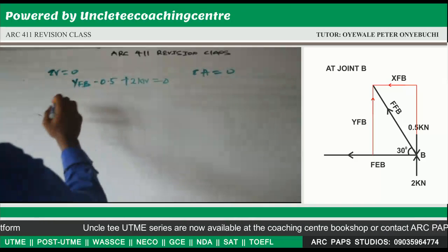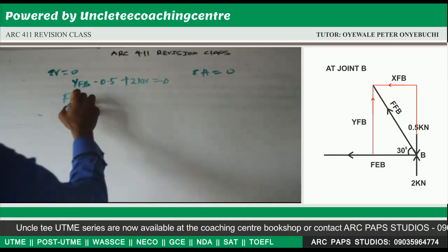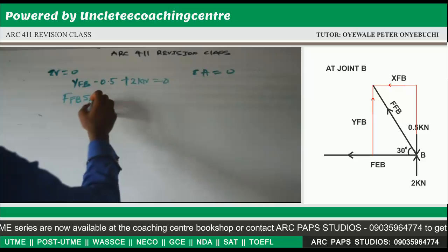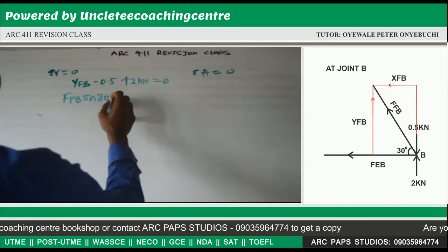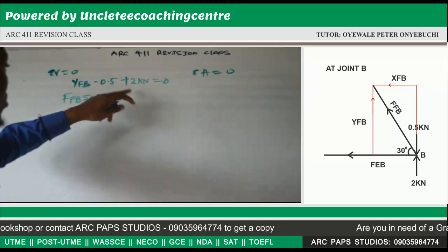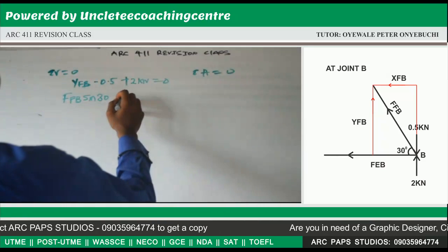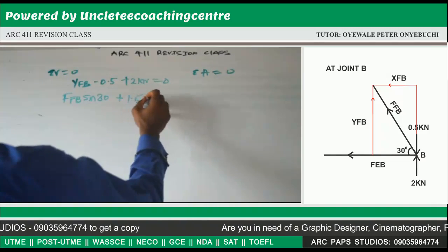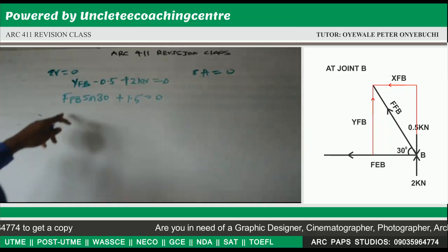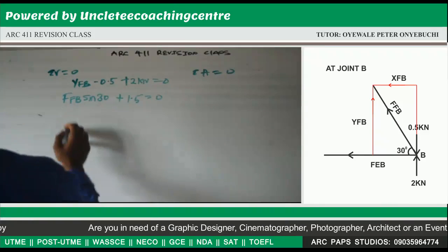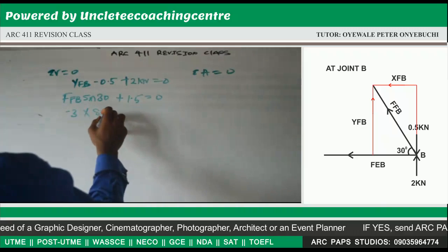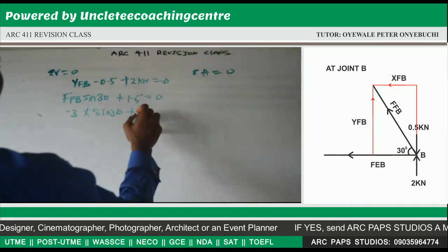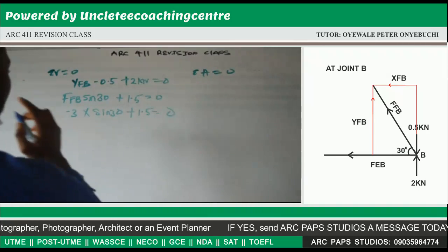Now when we solve this, FFB sine the angle to the horizontal, which is 30, minus 0.5 plus 2, 1.5 is equal to 0. Now I've gotten our FFB to be minus 3.0 times sine 30 plus 1.5 is equal to 0.